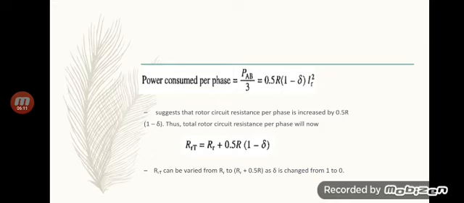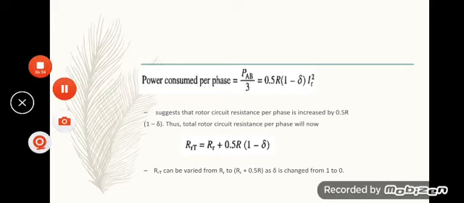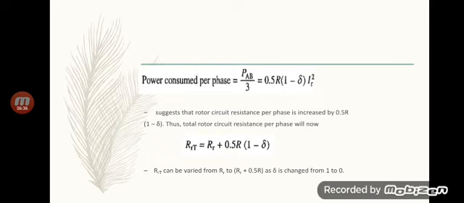Power consumed per phase is PAB by 3, equal to 0.5 R (1 minus gamma) IR square. This suggests that the rotor circuit resistance per phase is increased by 0.5 R (1 minus gamma).